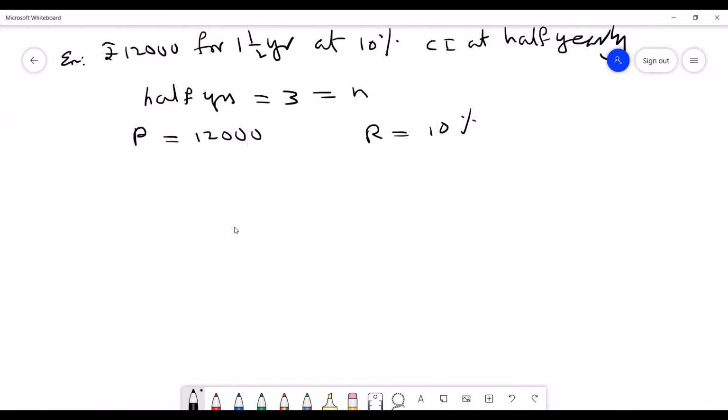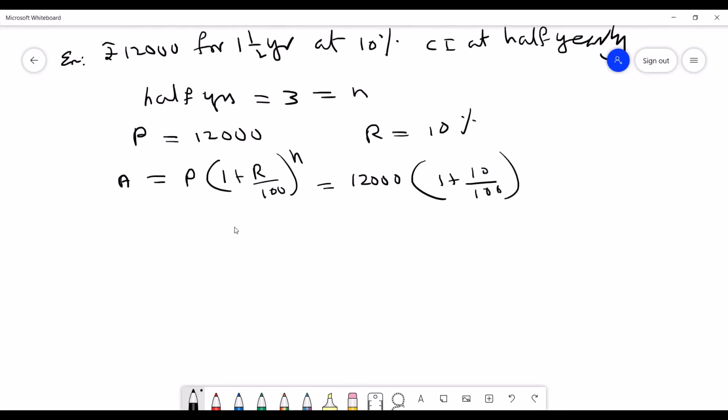Then let us find the total amount that we are going to get at the end of this 1.5 years. 1 plus R by 100 raised to n, that is 12,000 into 1 plus 10 divided by 100 raised to 3.